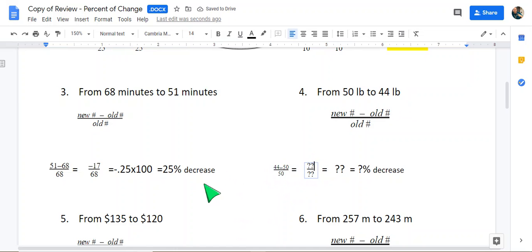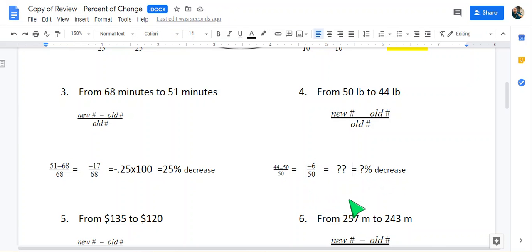44 minus 50, you do the subtraction first. That's going to be negative 6. And then you bring that 50 back to the bottom. Negative 6 divided by 50 gives me negative 0.12. Okay?